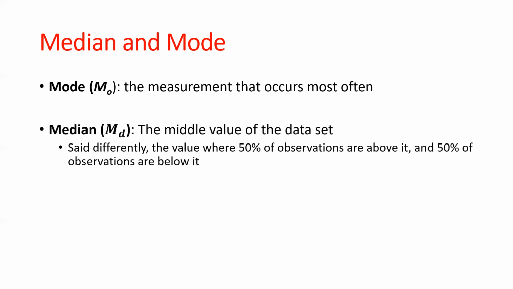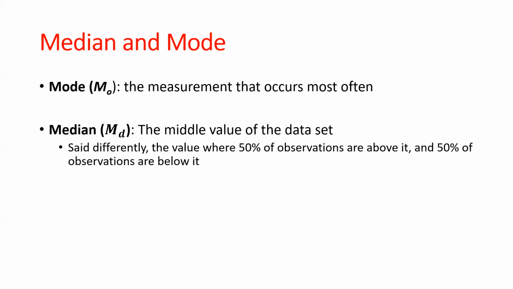The one that's a little bit harder would be the median. The median is the exact middle point, the exact middle observation. Let's make it easy and start with the easiest one first.